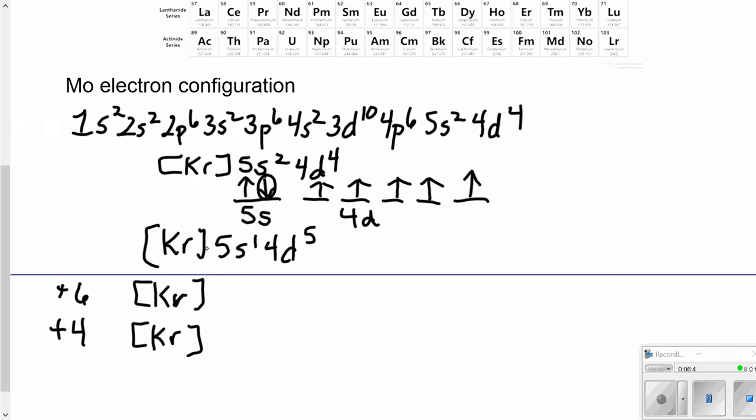And so it will lose that and an additional 3 others, and when that happens, we end up with 4d2. Another one is +2. There, again, it will lose the ones from the s first, and so we end up with 4d4. In both of those situations, notice that they don't have 10 electrons, which would be the complete d, so that makes it a transition element.